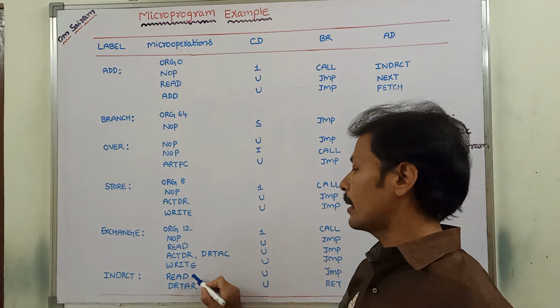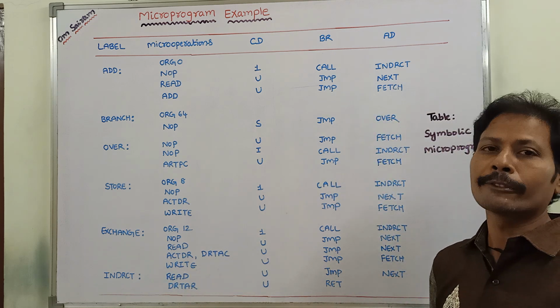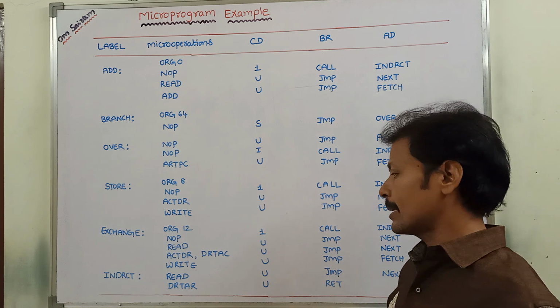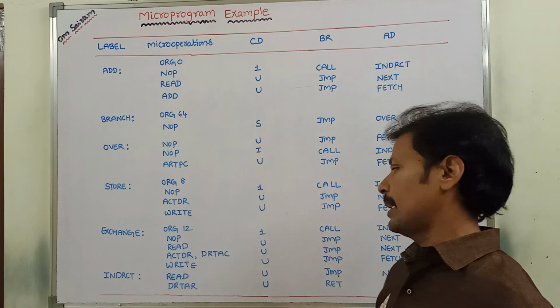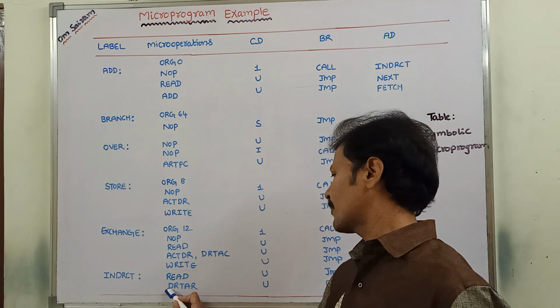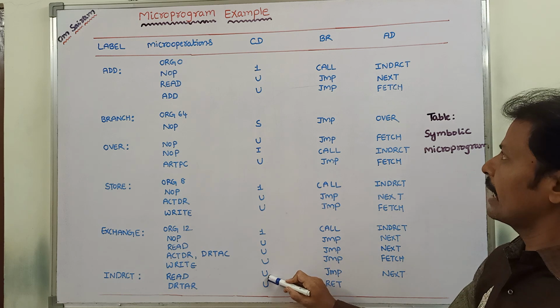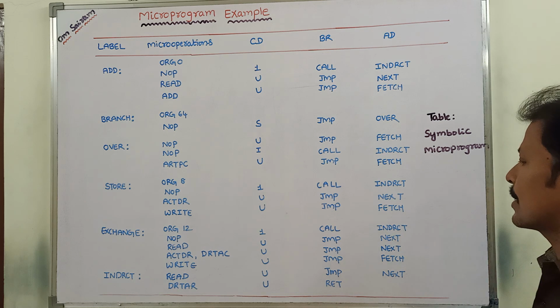From that address we have to read the operand from the memory at a particular address. That address is specified by the address register. Then that content can be transferred to the data register. At that time CD contains U, and here also CD contains U.